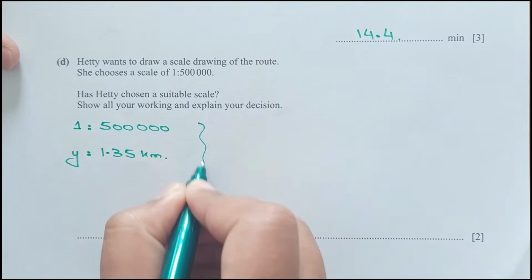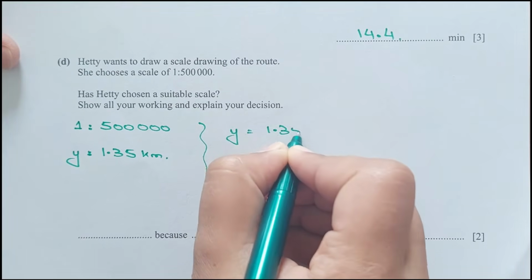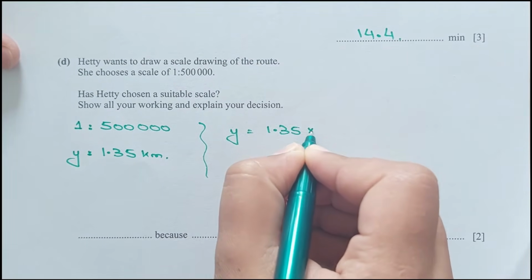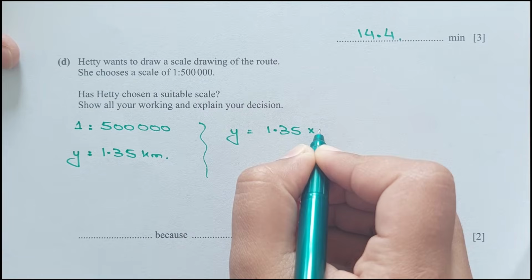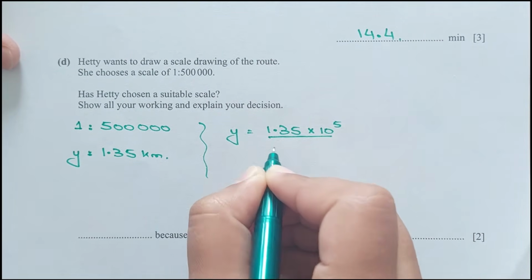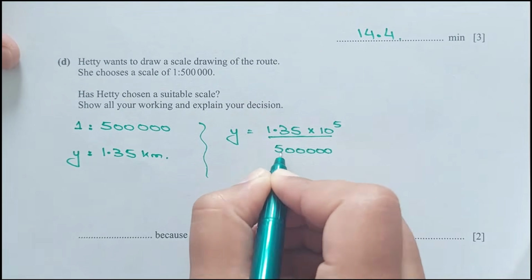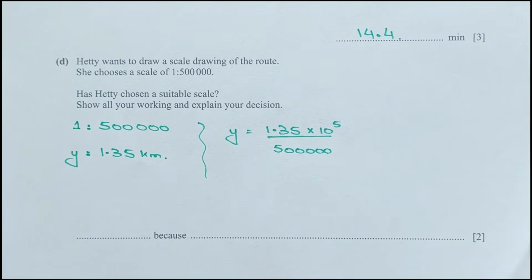Let's say each side is y, and that equals 1.35 kilometers. So let me choose the scale. Converting kilometers into centimeters by multiplying by 100,000, that is 10 to the power 5, and dividing by 500,000, we will get the value for y.